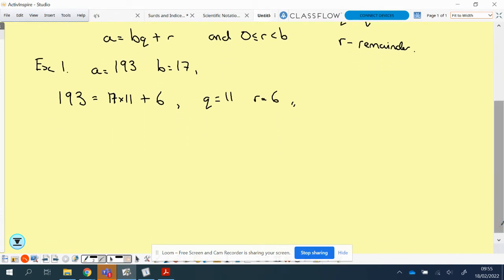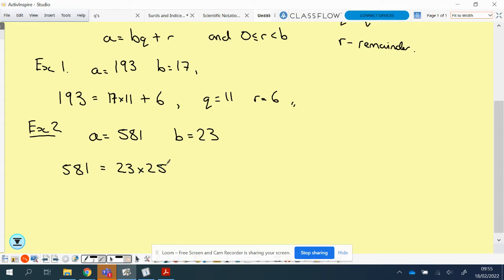Okay, we'll look at a second example. Example 2. We'll make the numbers a bit bigger. If A was 581 and B was 23, how many times does 23 fit into 581? It fits in 25 times, and the remainder again would be 6.